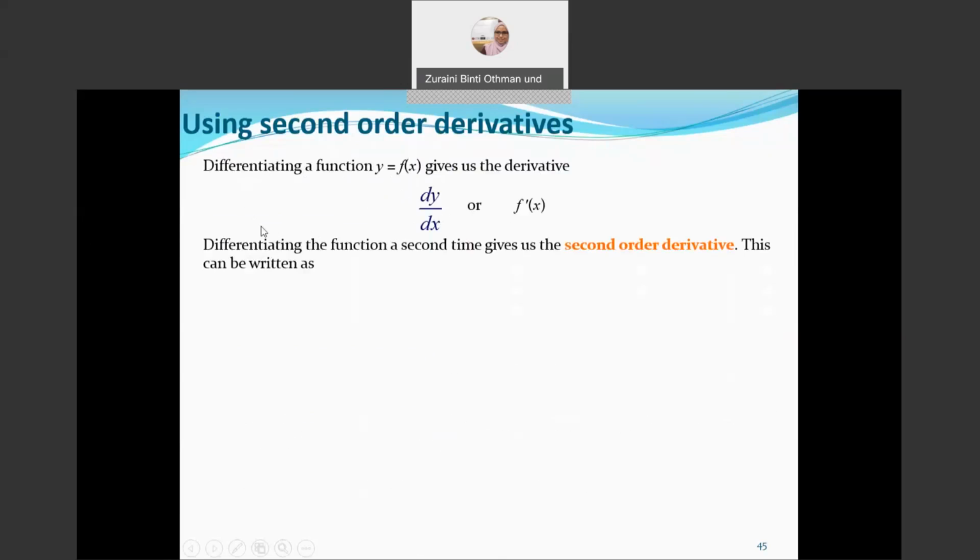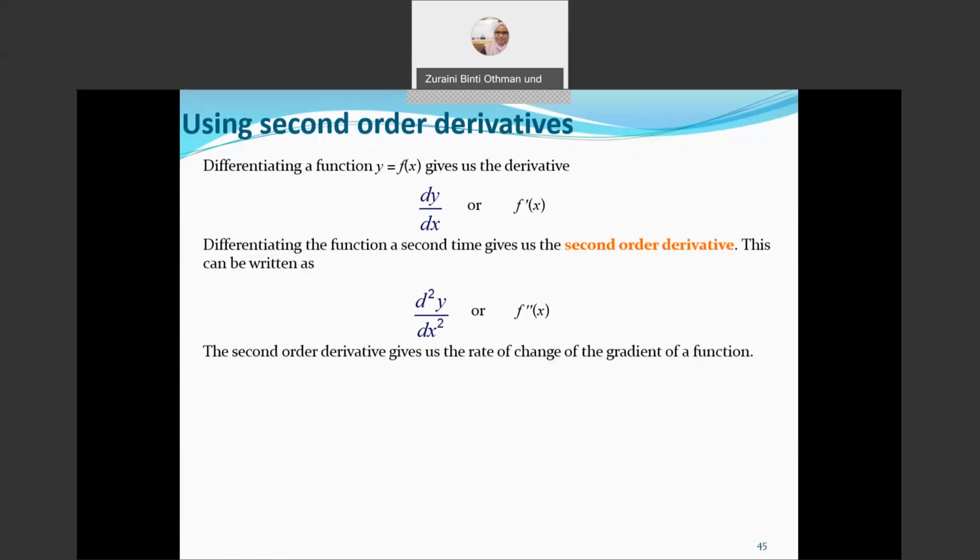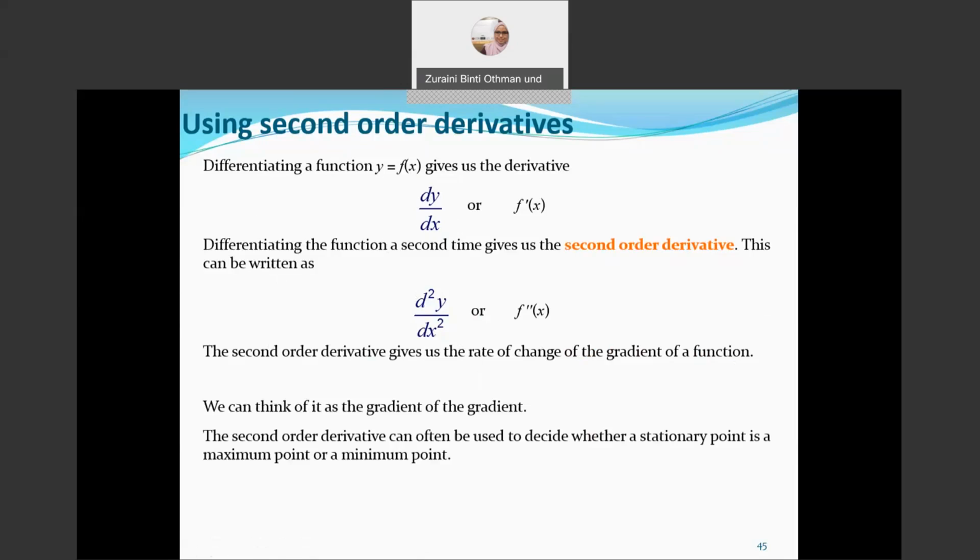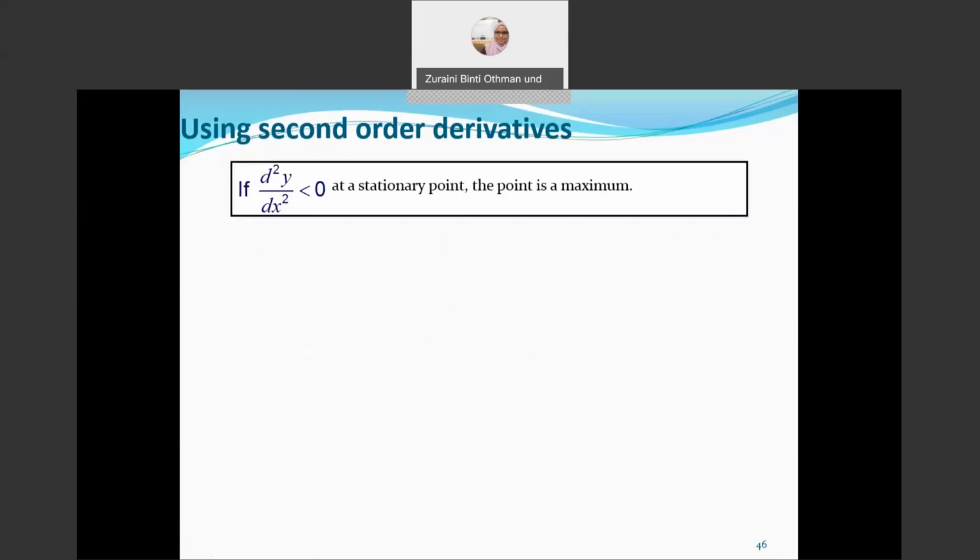After we find the first derivative, we differentiate the function a second time, then we can write it as d square y divided by dx square. The second derivative gives us the rate of change of the gradient of function.